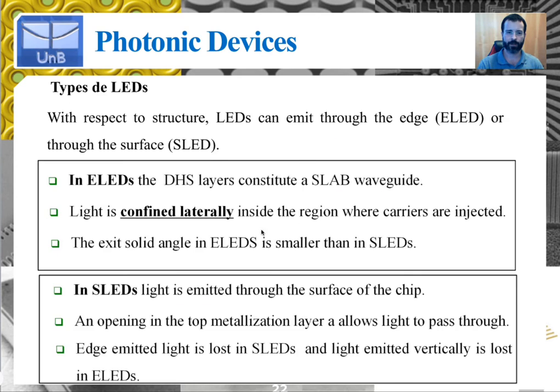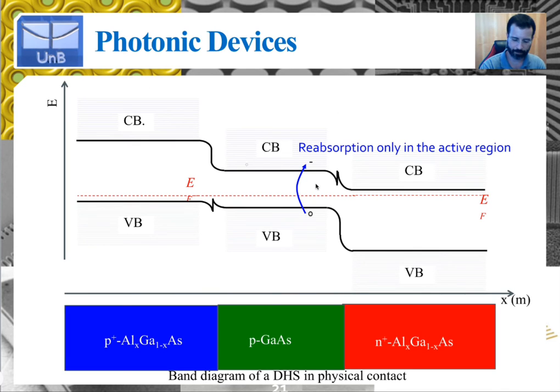So if we recall that in a double heterostructure, the recombination of an electron and a hole will lead to the emission of a photon with energy equal to hf, which is just the difference between the initial energy and final energy of the electron. This is the delta E, which is equal to hf, the energy of the emitted photon.